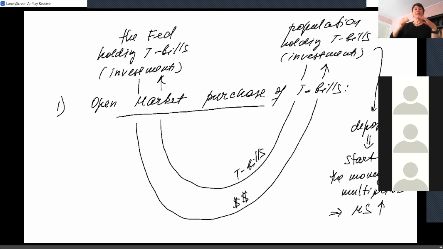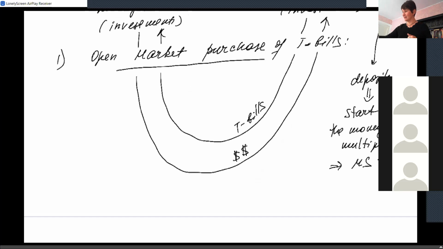So through open market purchases, the Fed takes away those pieces of paper that say T-bill on them and gives us cash instead. So people with their pockets full of cash are going to go ahead and spend, okay? More money on our deposits.